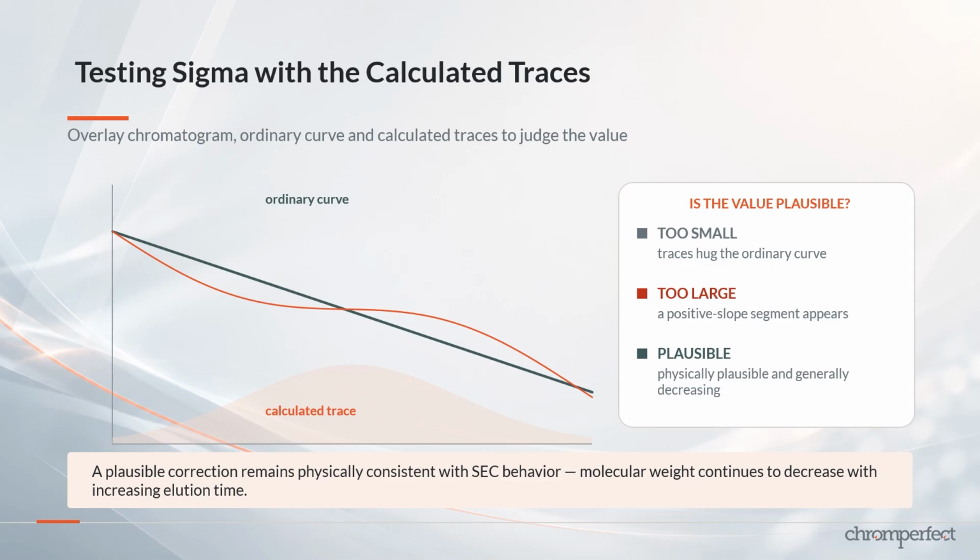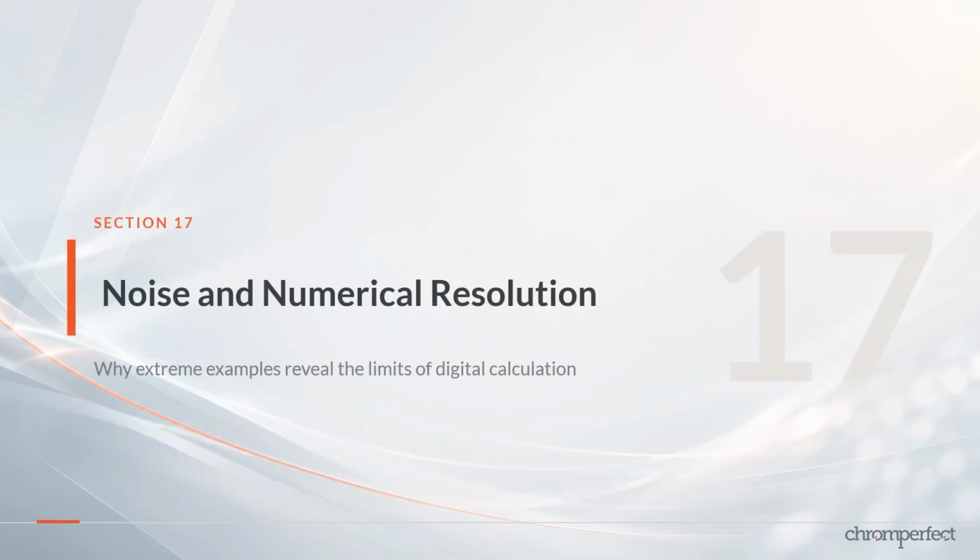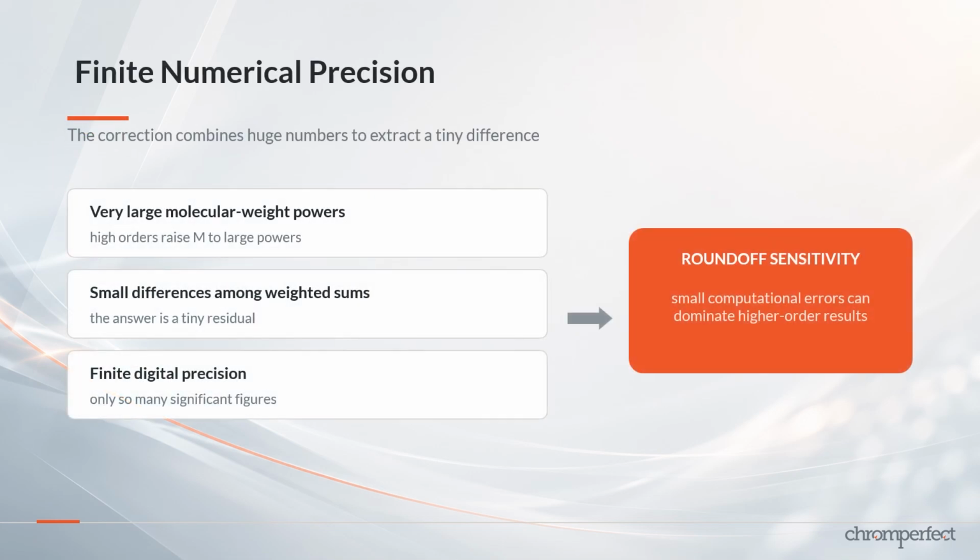The analyst can therefore compare the calculated traces with the calibration curve and chromatogram when assessing whether the selected column sigma value is plausible. Noise and numerical resolution. The axial correction calculation is sensitive not only to detector noise, but also to numerical roundoff.